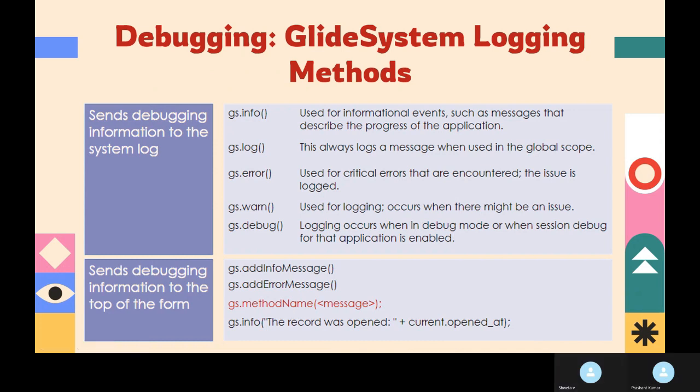Sometimes it is required to send the log to the system, and some of the time we can use debugging methods, error messages or info messages on the form itself. So it depends on the condition how we utilize these methods.